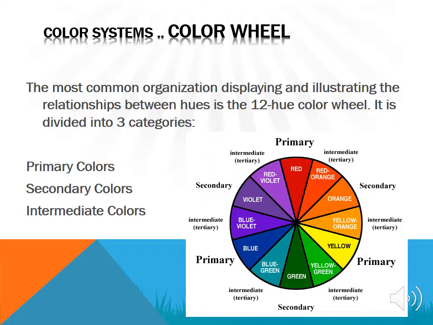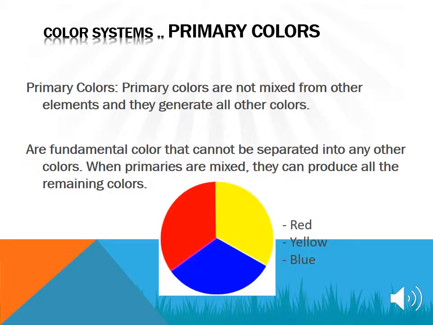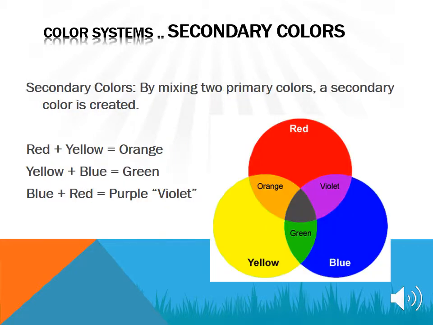We can categorize the 12 color wheel into three categories: primary colors, secondary colors, and intermediate colors. Primary colors are the three colors: red, yellow, and blue. Secondary colors are made by mixing two primary colors together.